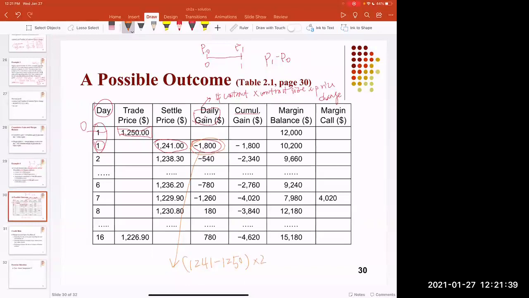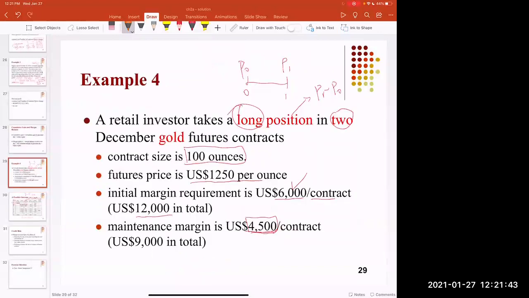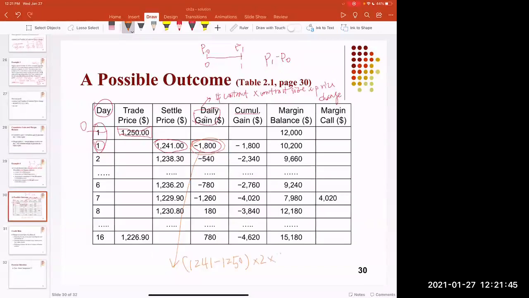Times two because they have two contracts, and the contract size is what? 100. So times 100. Please double check. This is negative 1,800. Good. Thank you. So you need to do settle price minus trade price, which is ending price minus beginning price, right? Ending price P1, beginning price P0. Okay, so that's for daily gain.